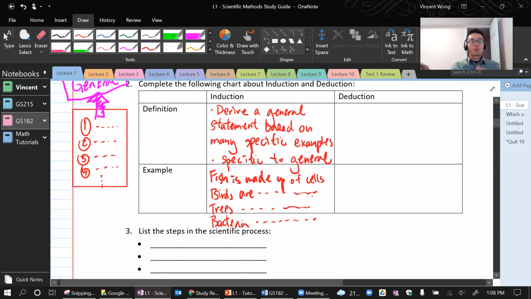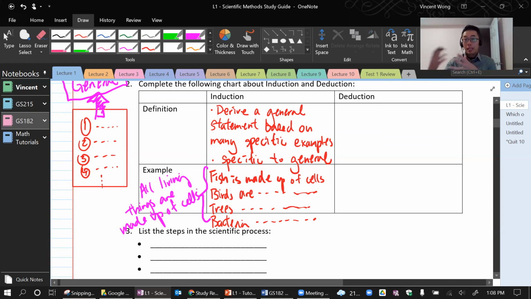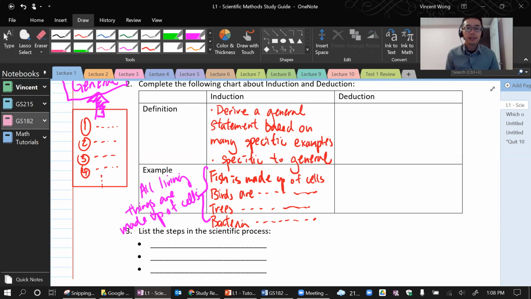So you make a bunch of these observations, and then you generalize, and you're like, oh, all living things are made up of cells. So we take many small observations that are related to each other, and then you come up with a broad statement. That's called induction or inductive reasoning.